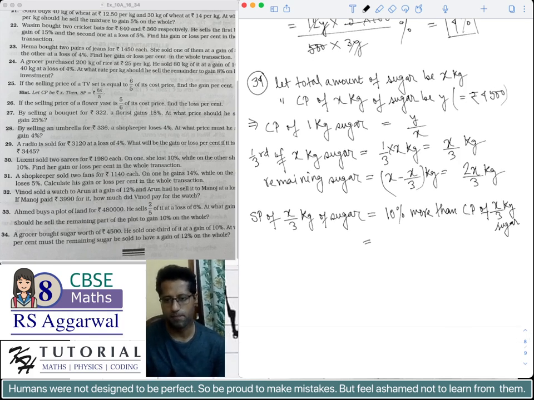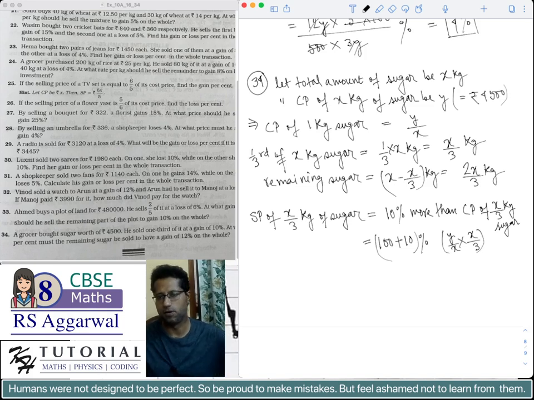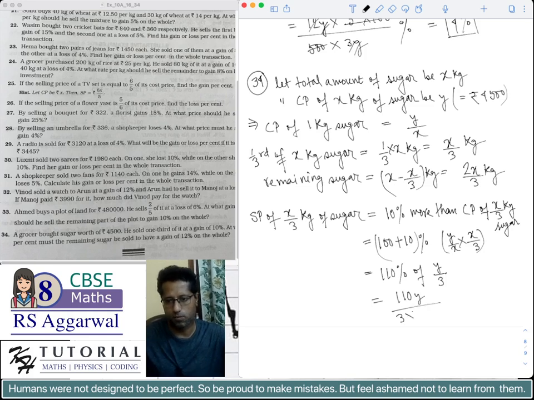Now 10% more means 100 plus 10%, that is 110%, of the CP of X by 3 kg of sugar. The cost price of X by 3 kg of sugar will be Y by X multiplied by X by 3, since the cost price of 1 kg of sugar is Y by X. So 110% of Y by X multiplied by X by 3, which is Y by 3, is equal to 110 Y by 3 into 100.